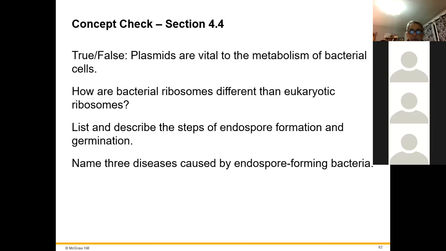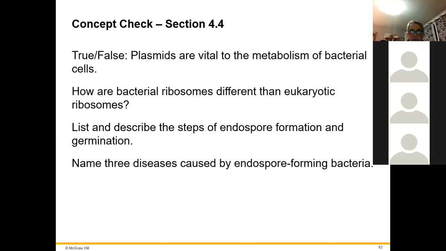It's the gram-positive bacteria that make endospores. Gram-negative do not. Some of the notable genera are anthrax and Clostridium that can make endospores.